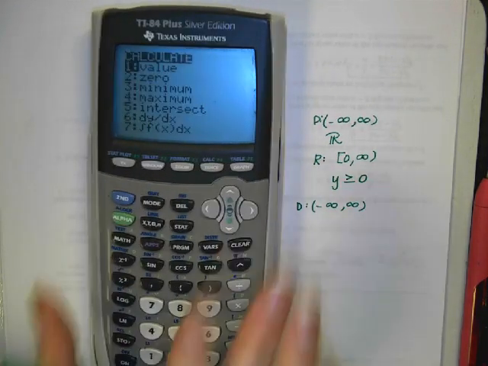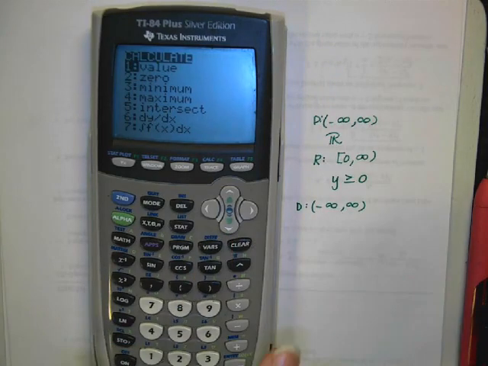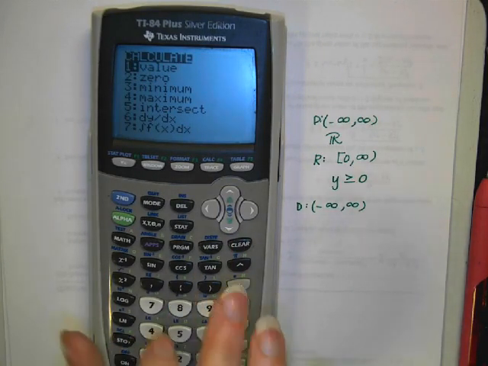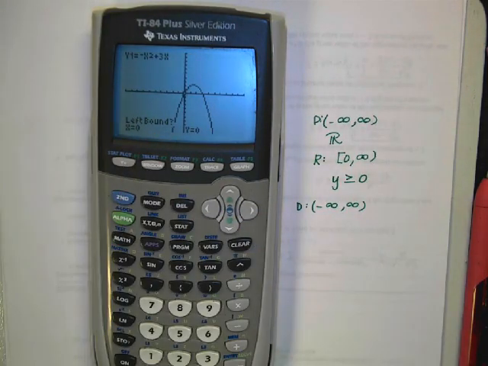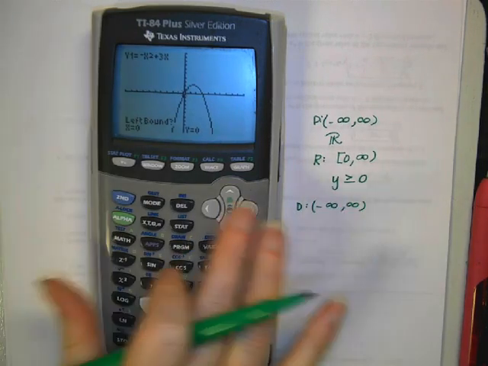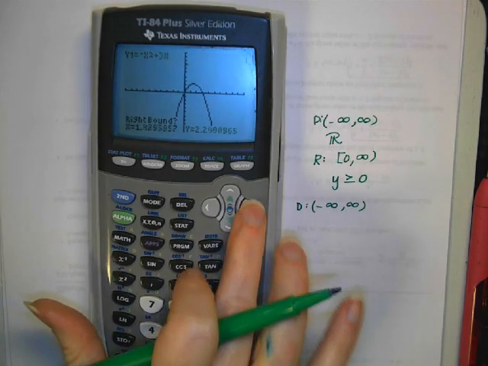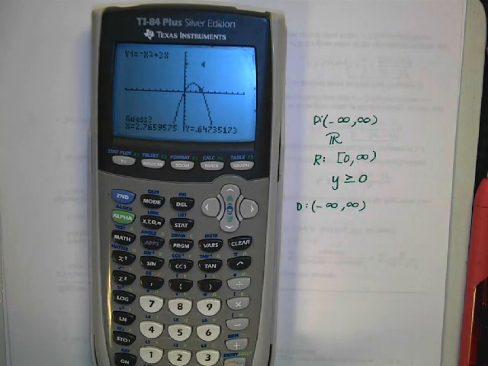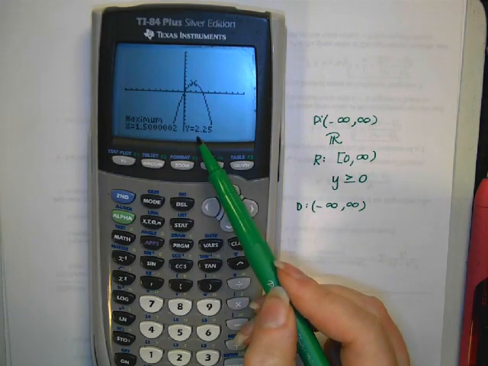It's a little bit different on the Inspire. I think it's under menu, and you want to do, in this case, a maximum. So I'm going to hit 4, and it tells me to go to the left. Now this is actually really nice on the Inspire calculator because you can just slide the pieces over. On this one, I have to arrow to the left and hit enter, and then arrow all the way across to the right and hit enter. And it gives me my maximum value of 2.25.